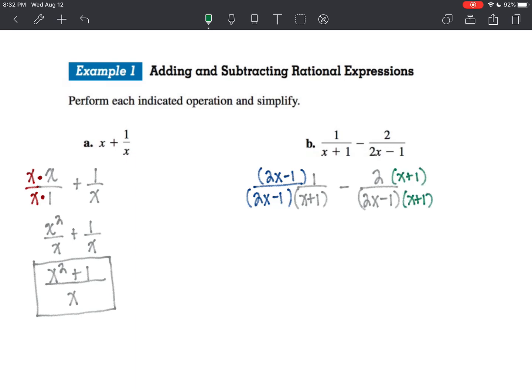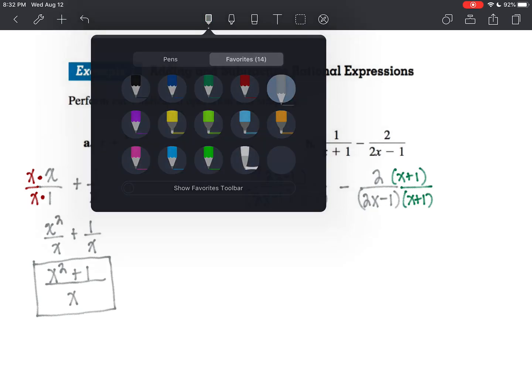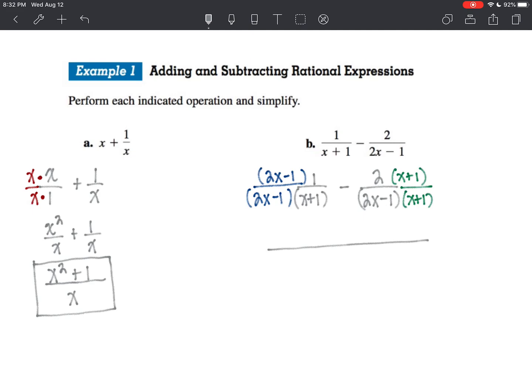And now you can see that the two fractions have the same denominator. So they both have a 2x minus 1 and a factor of x plus 1. So I'm going to use my highlighter, we're going to take 2x minus 1 times 1, and that's going to go right here.